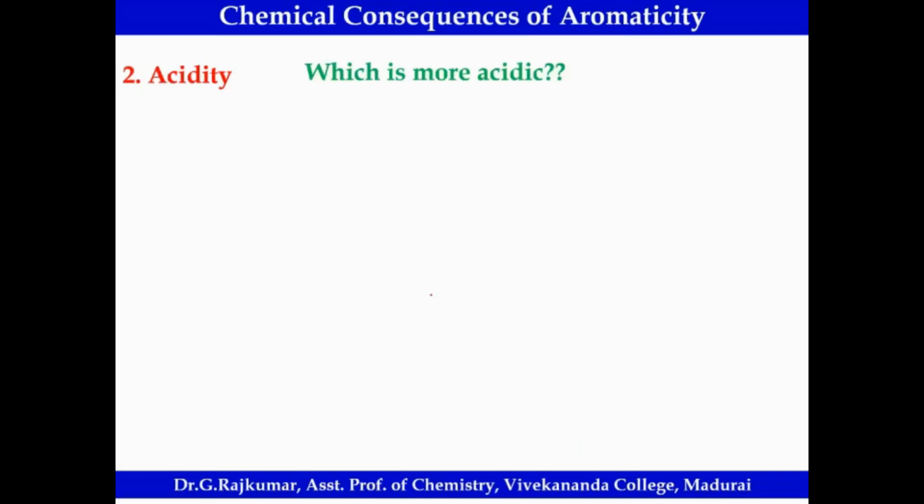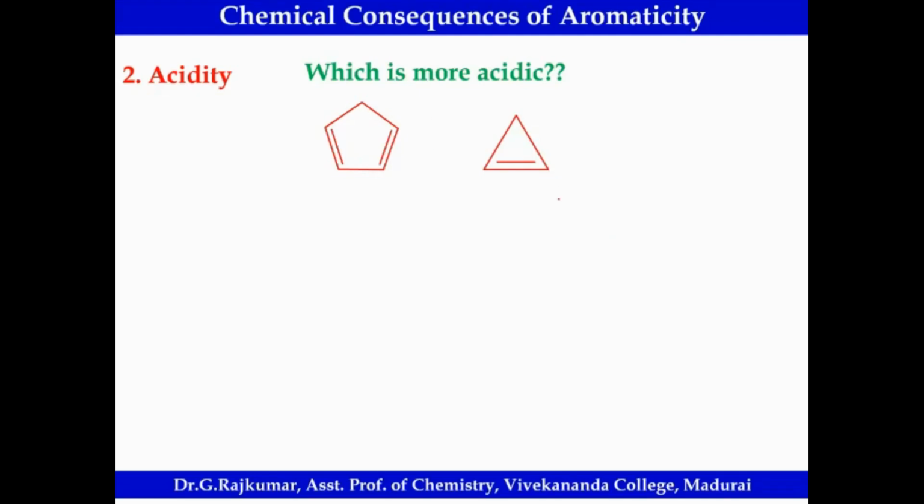Then acidity. So among these two, which is more acidic? So acidic compound means which gives H plus ion. Cyclopentadiene, first one.